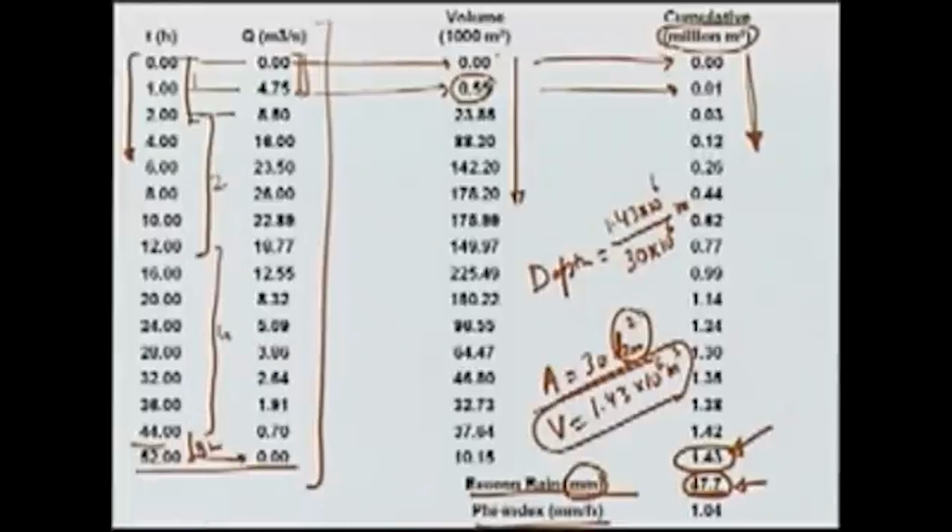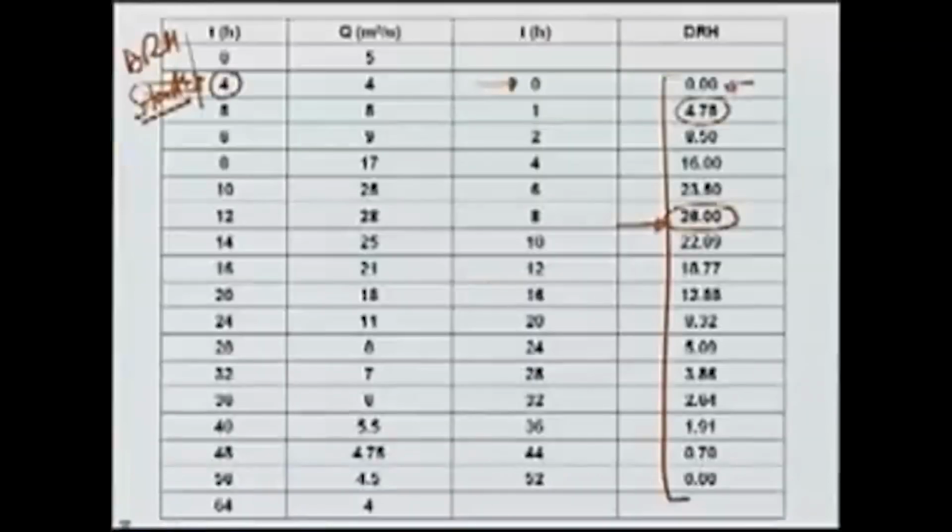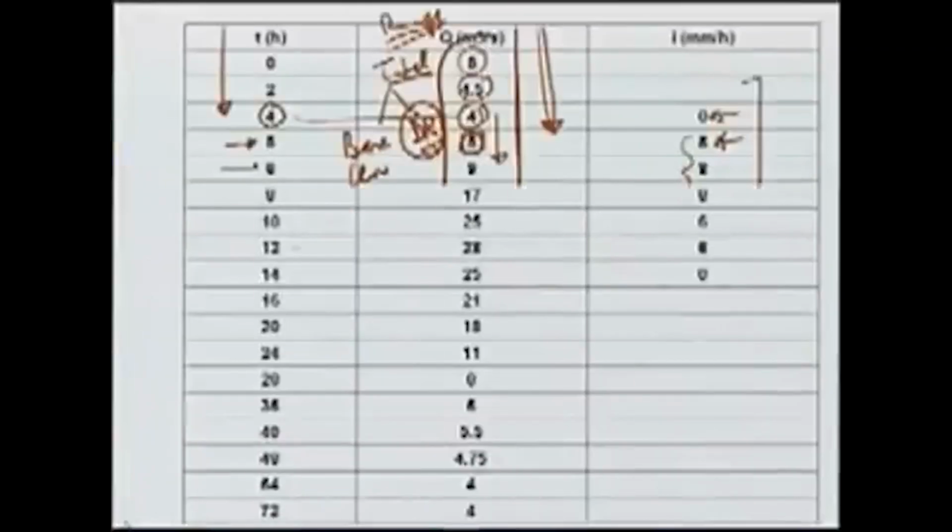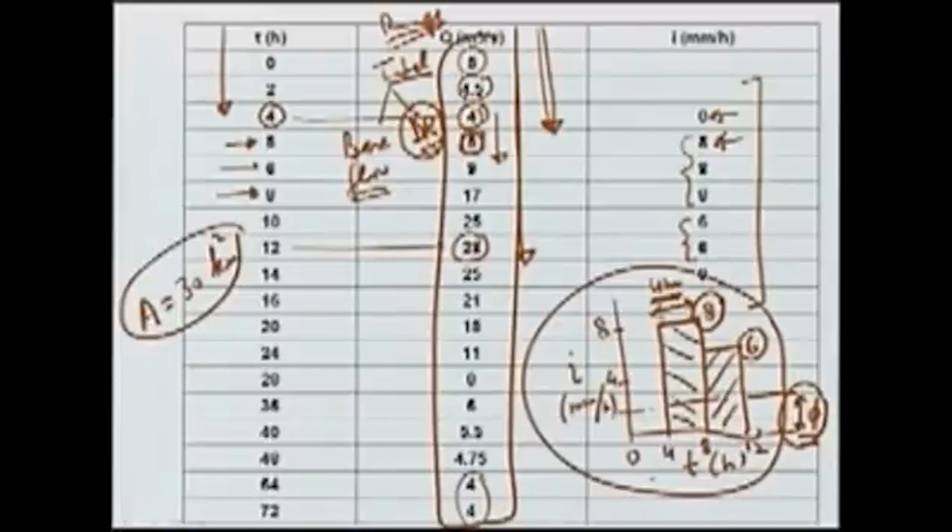If you look at the rainfall hydrograph, the total depth is 8 millimeter per hour into 4 hours plus 6 millimeter per hour into 4 hours, equal to 56 millimeter.